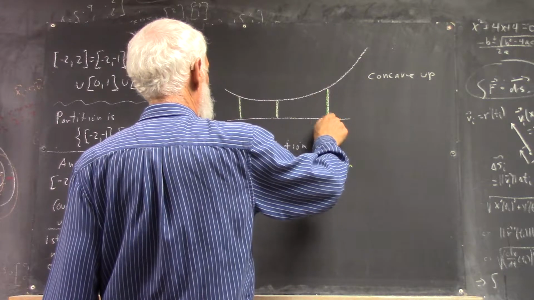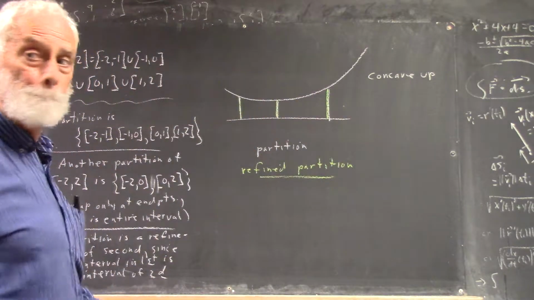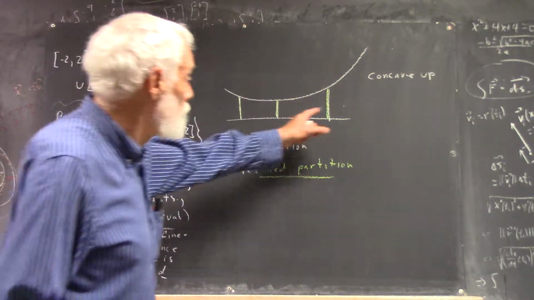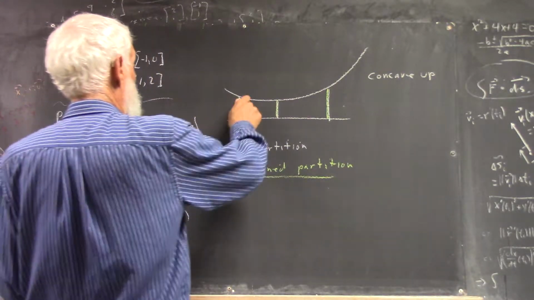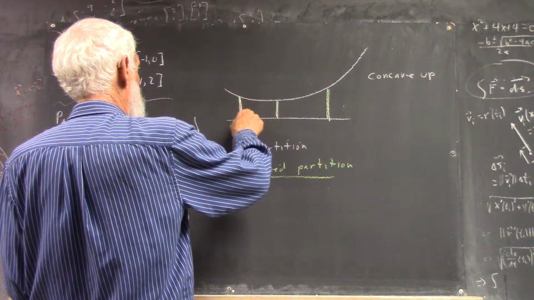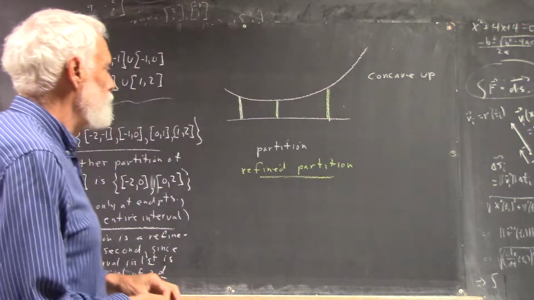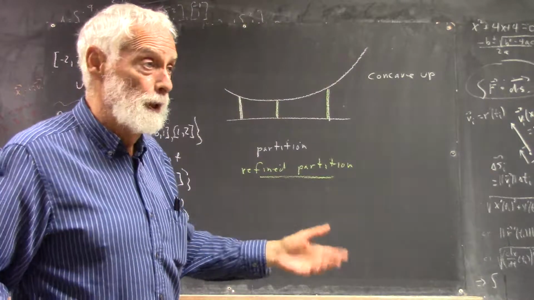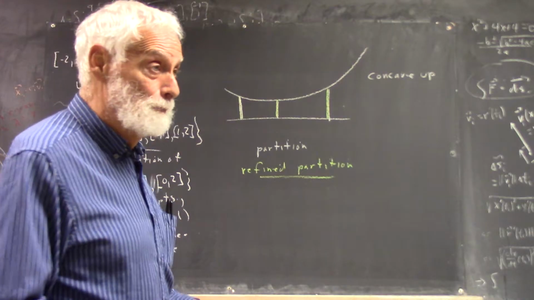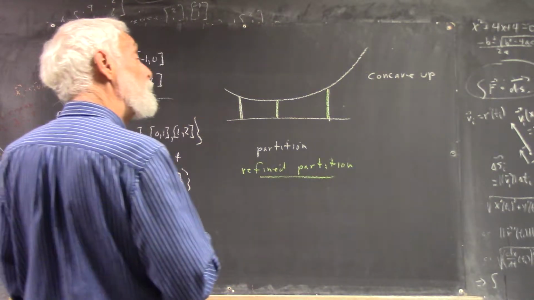These lines are supposed to be right on top of each other, so we see green and white here, and green and white here. I got the green a little too close to the white here, so let me make sure we can see both colors. These two lines are really right on top of each other, but if I draw them that way, you can't see them. So we refine the partition.